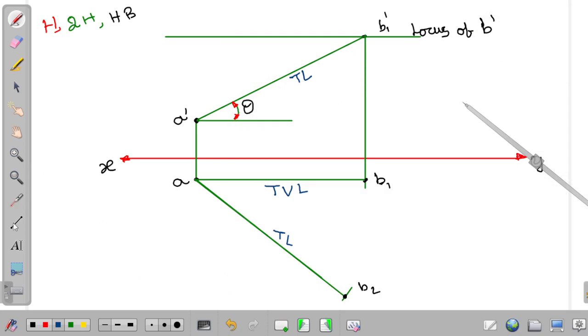At B2 we are going to draw the projector. Wherever it meets the locus of A dash, meaning the height at which A is present, at this point we get the front view of the second case, that is B2 dash.